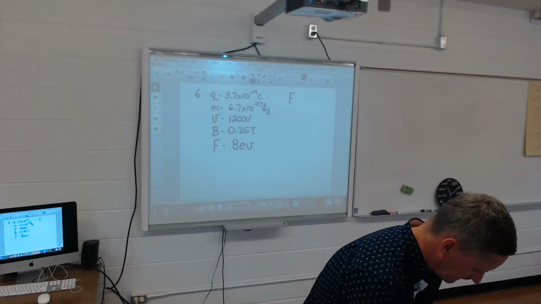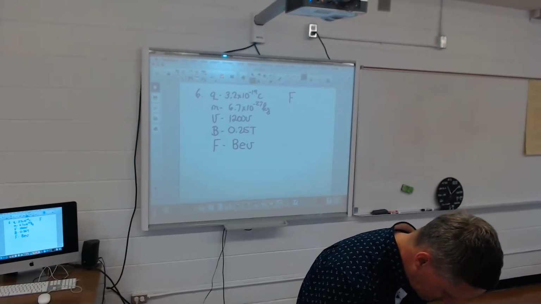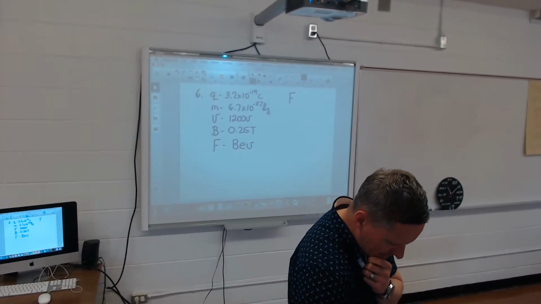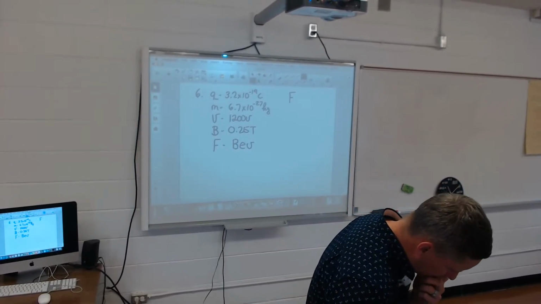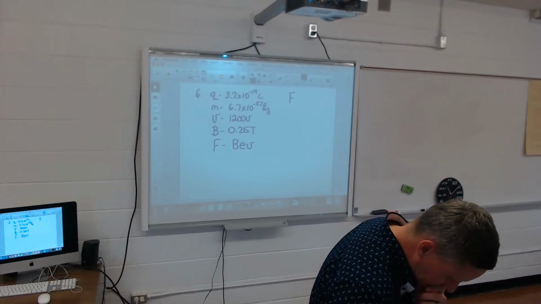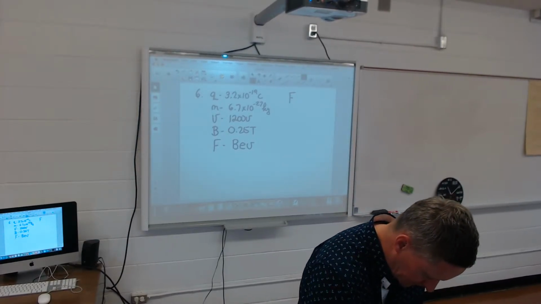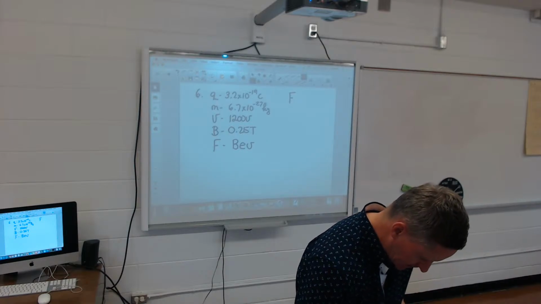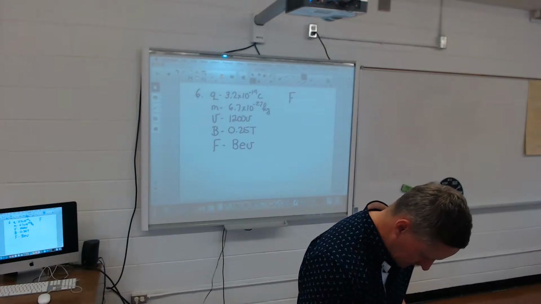Anything to do with the degree, like with movement at 90 degrees? No, that just means I have my maximum force, which is vEB. I'm just trying to figure out how that voltage factors in here.